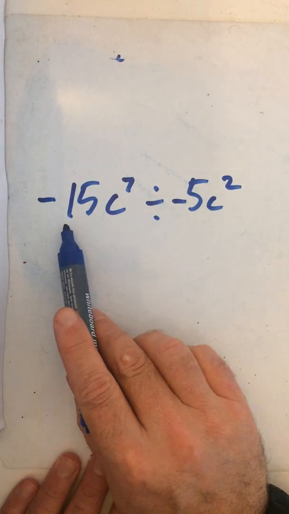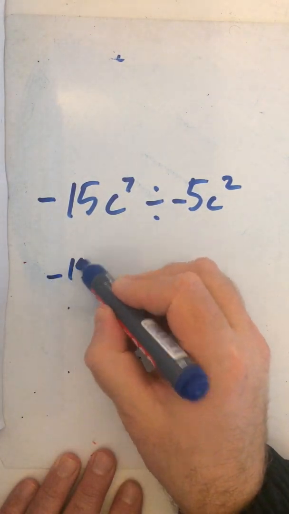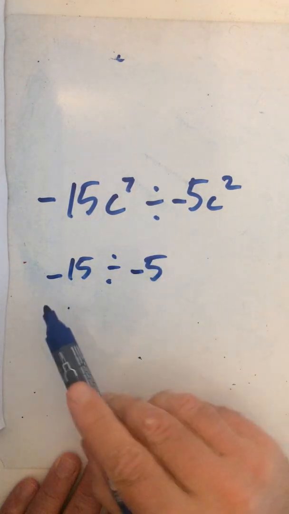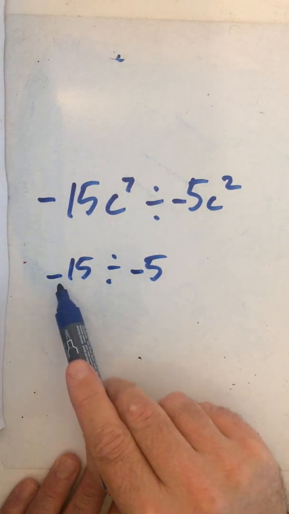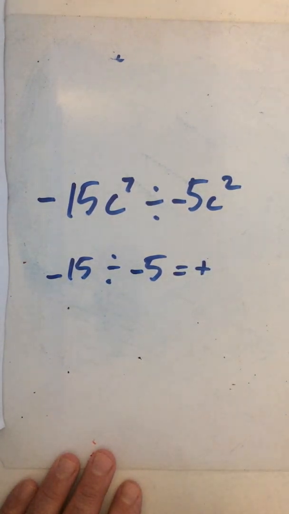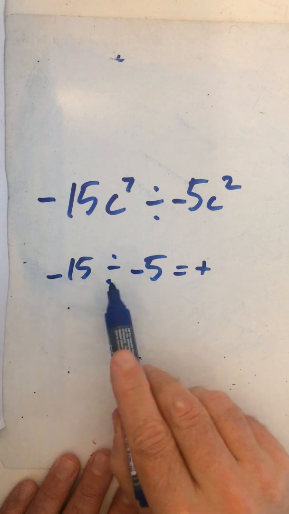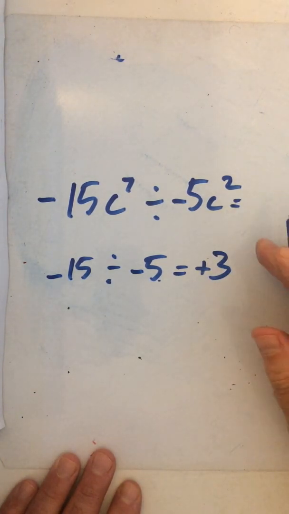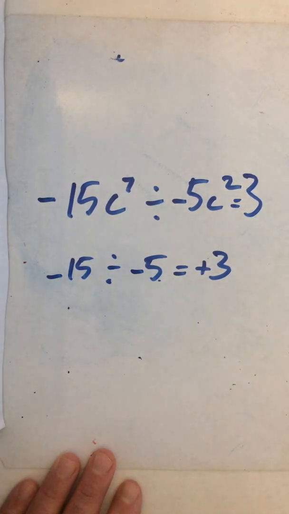So again, let's do the whole numbers first. That means we've got minus 15 divided by minus 5. So let's look at the signs first. A minus divided by a minus will always give me a plus. So I know it's a positive number, don't I? And then I do 15 divided by 5. How many 5s in 15? 3. So we know the answer is going to be 3 there.